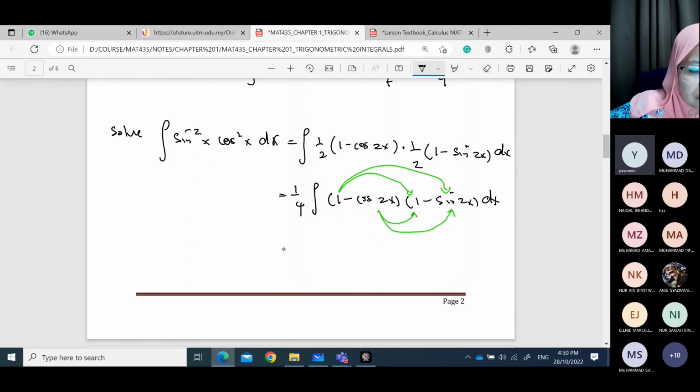Then you will have 1/4 times integral of 1 plus cosine. Okay, so 1 plus minus ini plus.